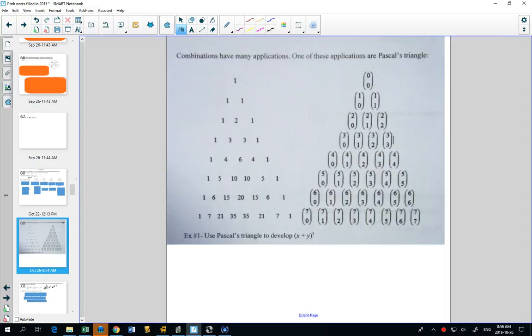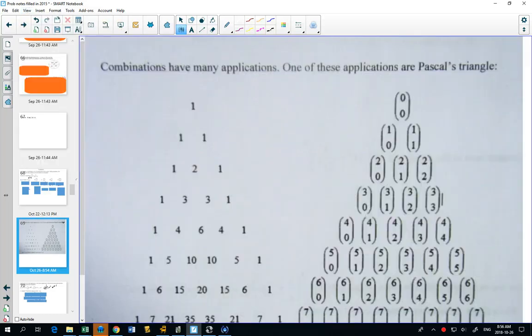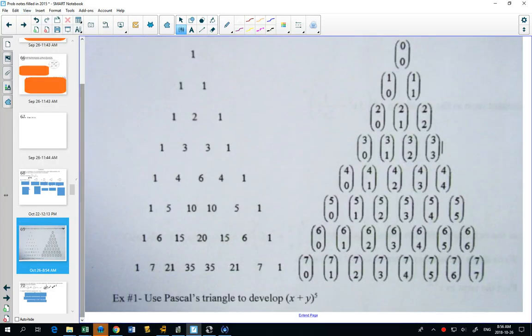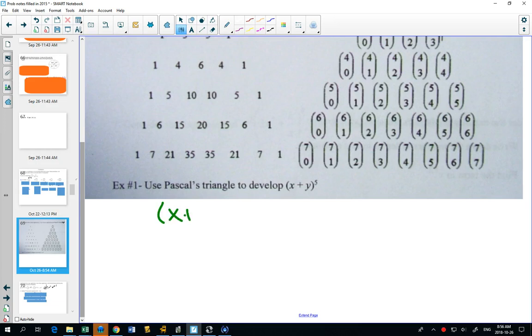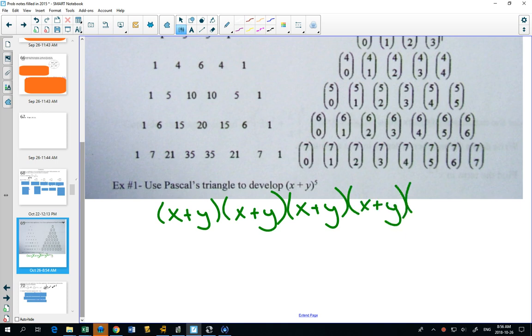How do they relate? Well, x plus y to the 5 means this: x plus y, x plus y, x plus y, and so on. When you're multiplying this all out, every single thing gets multiplied by every other single thing. It's like one massive FOIL.